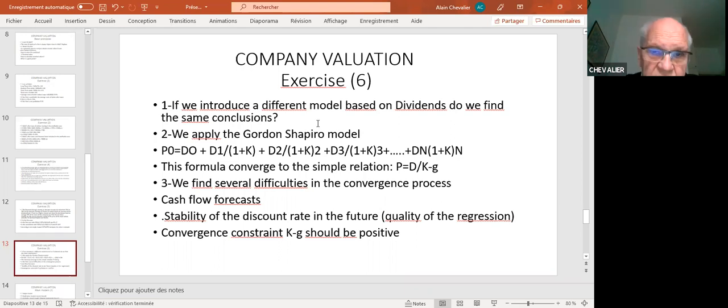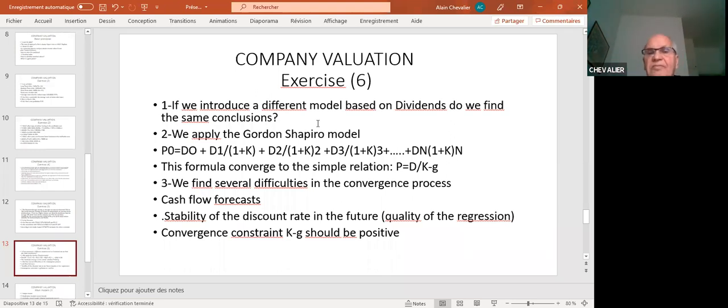Is it feasible? It means that even if the policy of the firm is identical in the years to come compared to what it is right now, you have the economic and financial environment, which is moving over time. And of course, this is not taken into account.